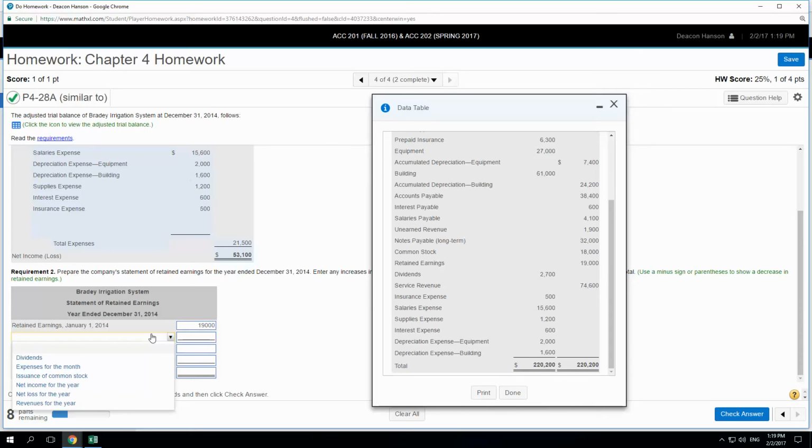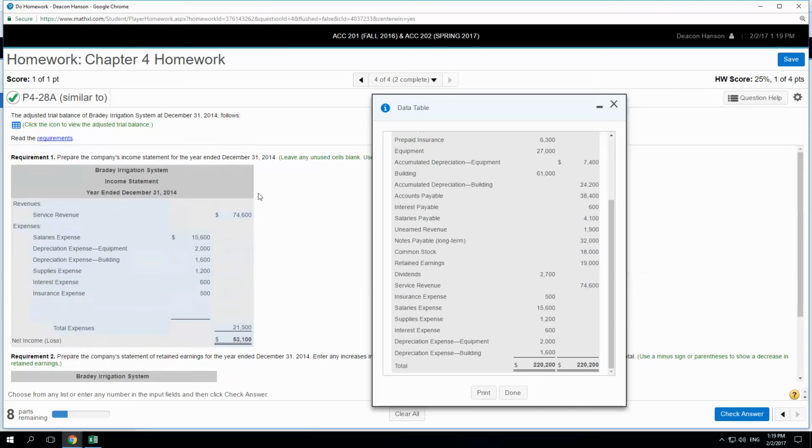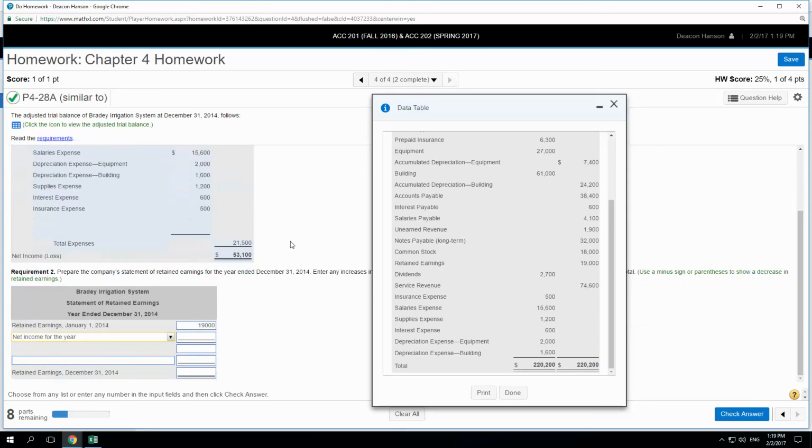And then what do I add? In this case, I'm going to add the net income, and that will come from my income statement. So I'm going to add my 53,100. I just highlighted it here, right? So that 53,100 is going to show up there.